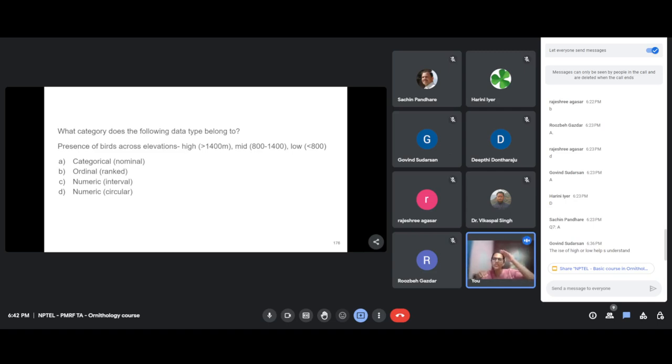So instead of categorizing them as low, medium or high, you want to measure the exact distance from the ground where they are calling or vocalizing, or birds vocalizing at perch heights, then probably you will use something like a continuous scale. It all depends on how your data is looking based on your classification.